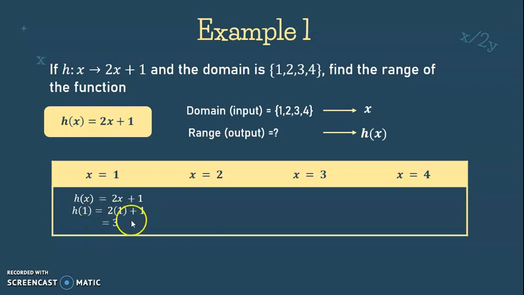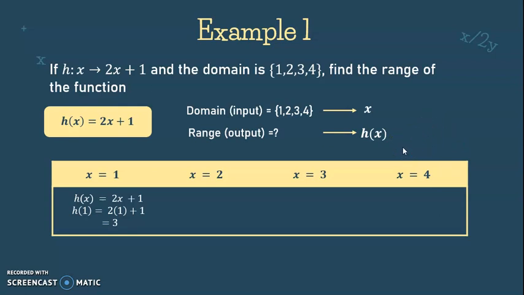So this is my output value. Okay, you just need to simply insert the x value into this function notation. Okay, so now what I want you to do is pause this video and try to do the rest of the input values and find the output value.